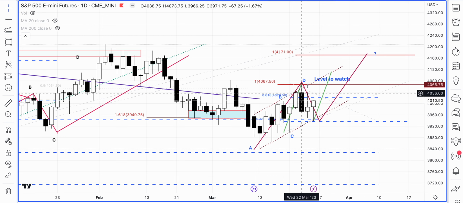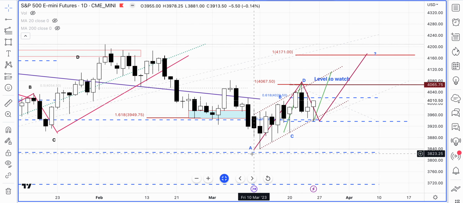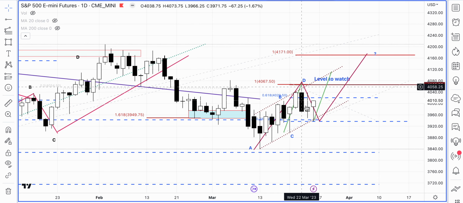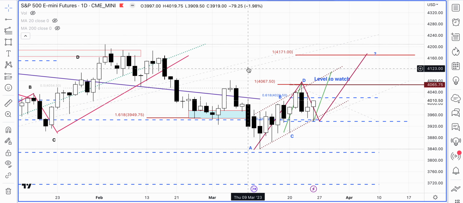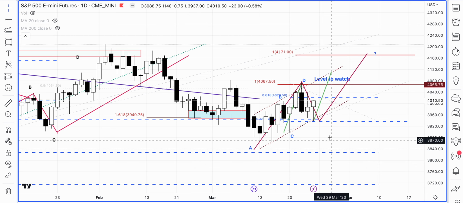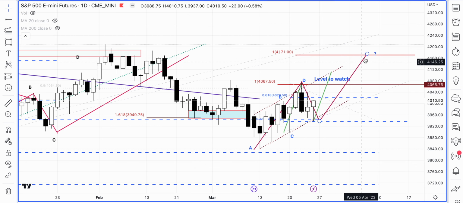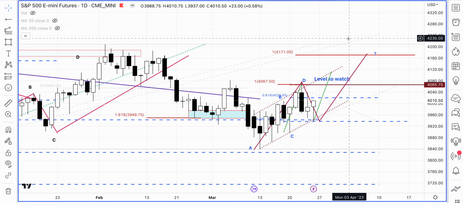This is highlighted in green. We also have another bigger ABCD which could actually take us right back to the tops around 4171. So we have a nested ABCD situation. This is a smaller one, and then the bigger one is 4171.